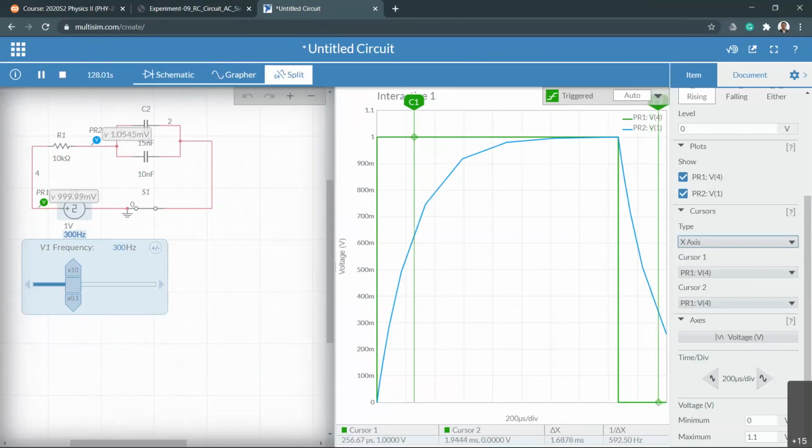Somewhere there. Okay, and then bring the cursor number 1. Cursor number 1, second vertical line of the green. Then read the delta x. Delta x is now 266 microsecond.